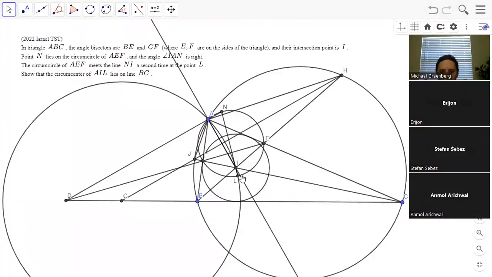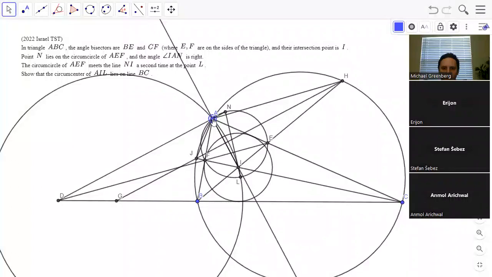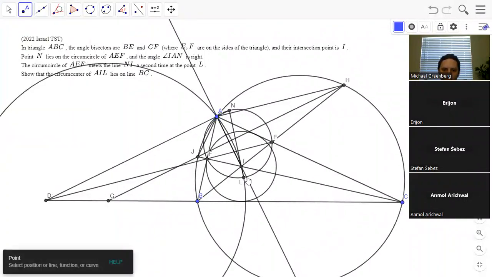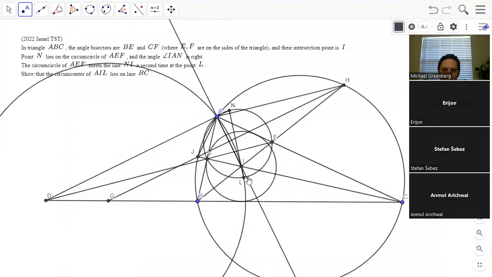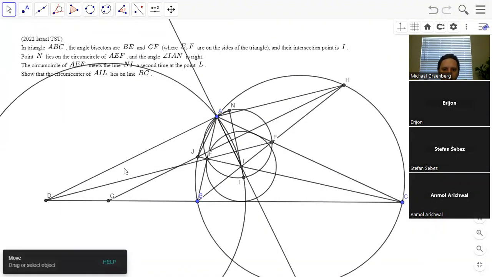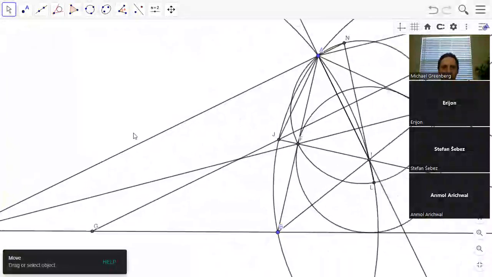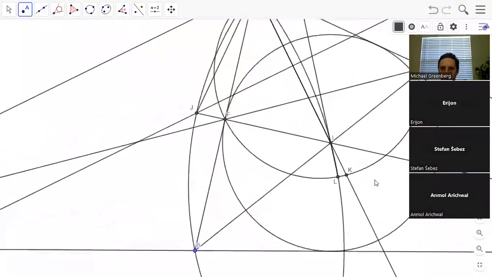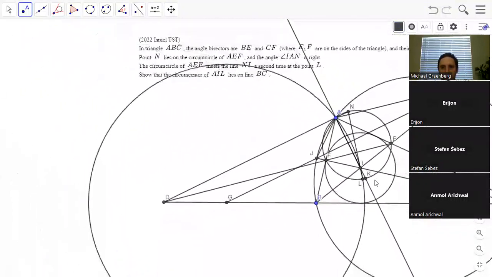So let's think about this a little bit. I have to zoom a lot to get that point. There we go.